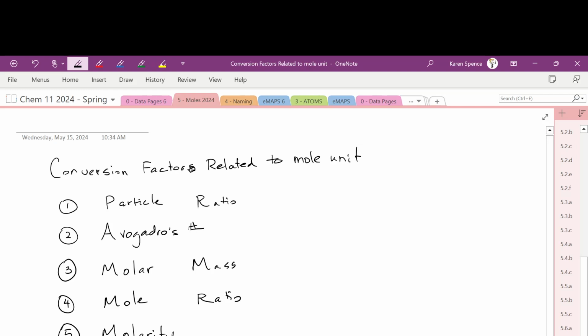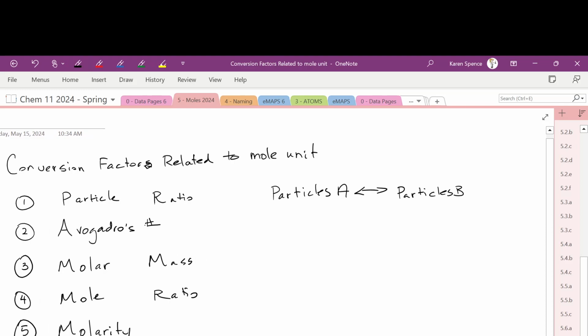Particle ratio is between particles of A and particles of B. And how do we find the particle ratio?